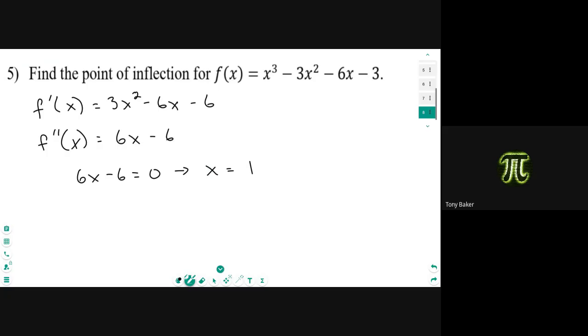So yes, we found our critical number, but it wants the point of inflection. It wants the y value too. It wants the actual point where it's inflected. So you have to take your critical number and plug it back into the original problem to find where that point actually is.